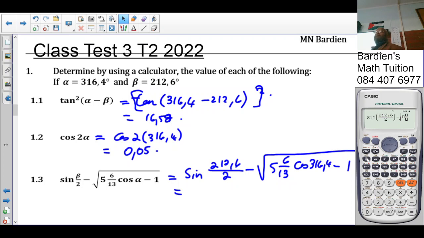You all see that? It will be 5 and 6 over 30 cos 316.4 over. Now you see where that minus 1, and minus 1 is not in the bracket, so you close the bracket. Minus 1. It's going to give you negative 0,76.